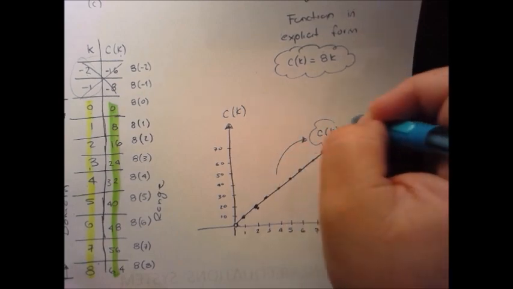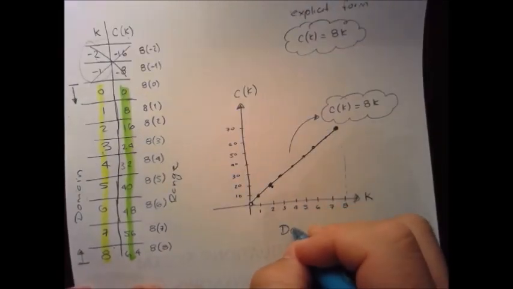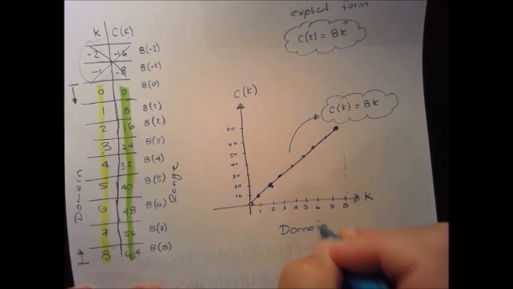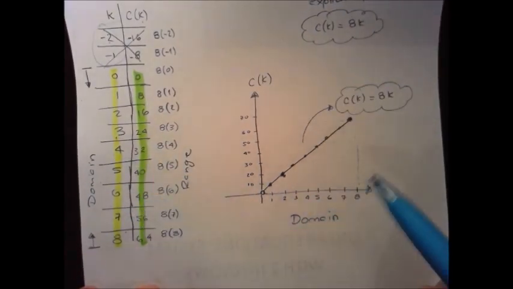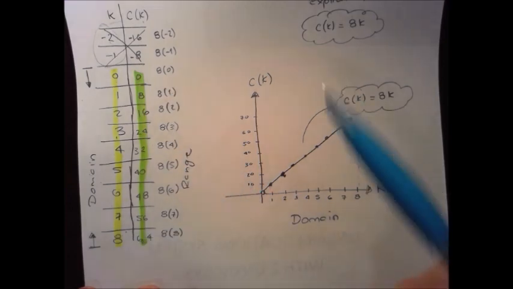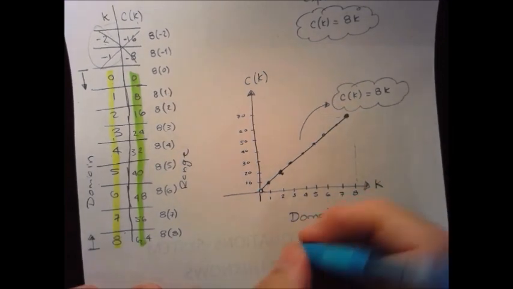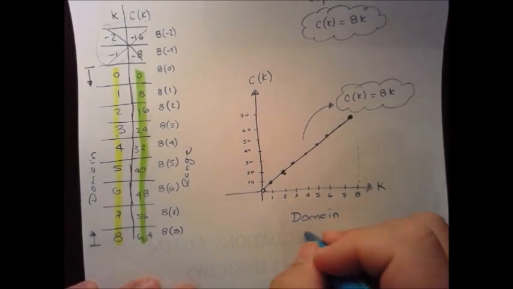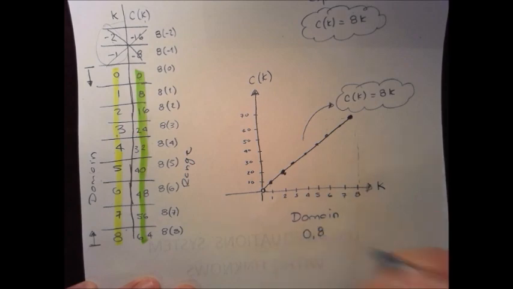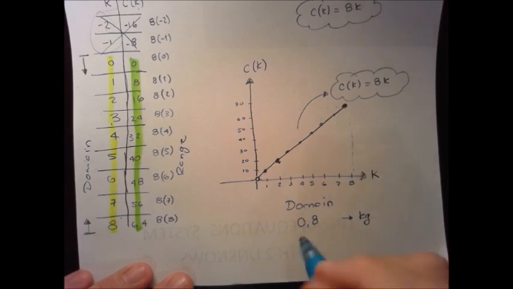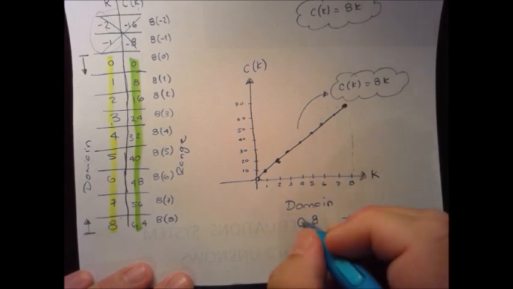Okay, here the domain, as we can see over here, is the value of the independent variable. It's going to be, look at this, from 0 to 8, and obviously the domain is measured in kilograms. Okay, but look at it, this is very interesting.